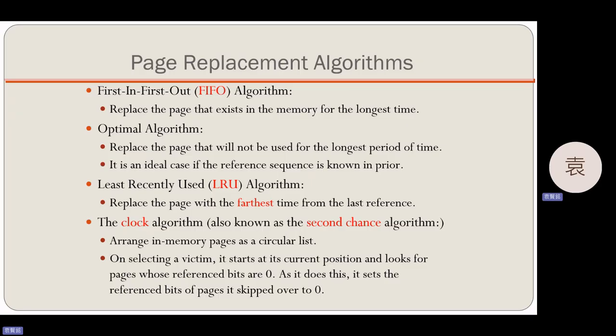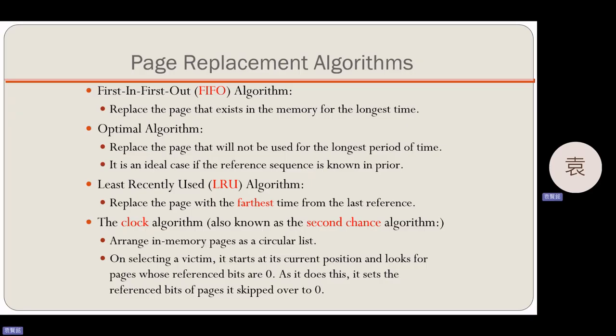To record this information, we can arrange the in-memory pages as a circular list. On selecting the victim, start at the current position and look for a page whose reference bit is 0.